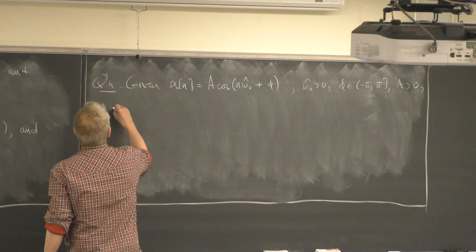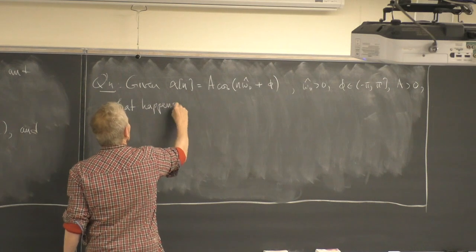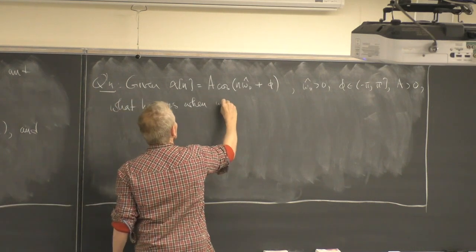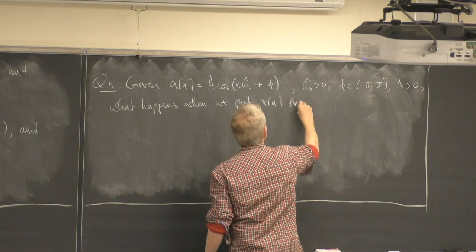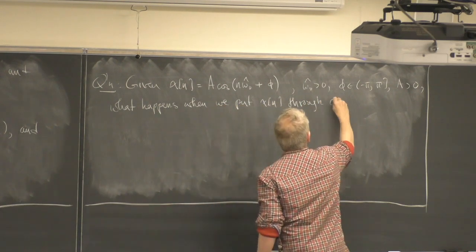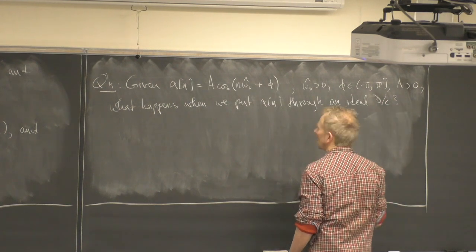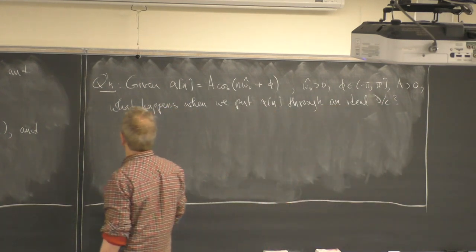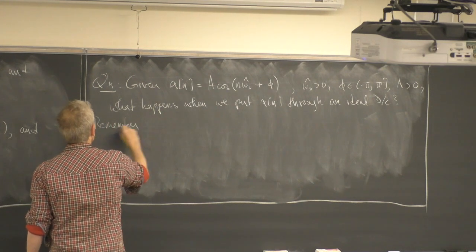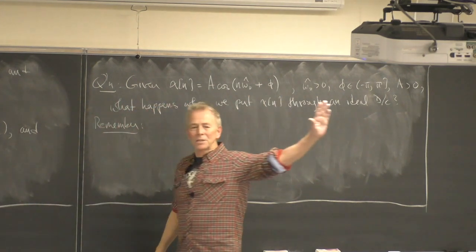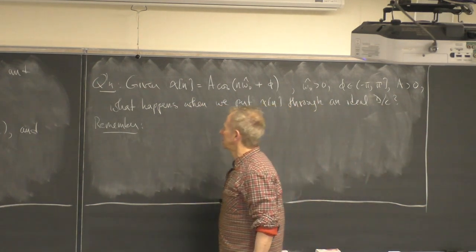So what happens when we put x of n through an ideal d to c? Remember, there's no background continuous time story to this tale.